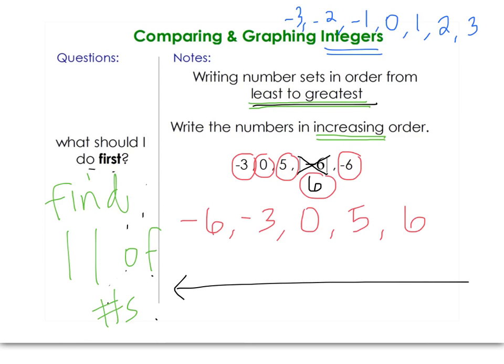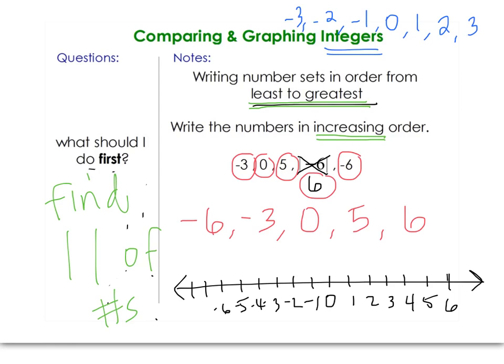If I wanted to graph these on a number line, and I put 0 in the center, so I had 0, 1, 2, 3, 4, 5, 6, and then I had -1, -2, -3, -4, -5, -6. Sorry, that's super messy.